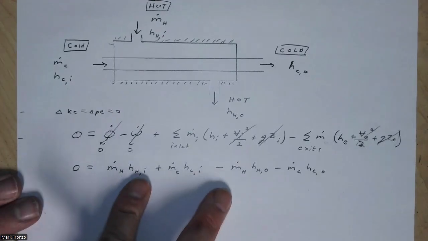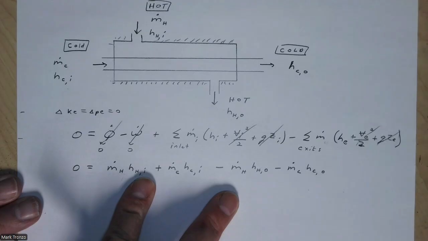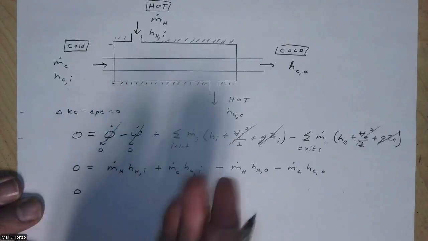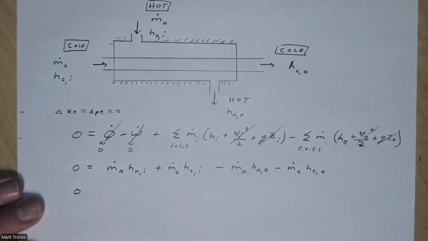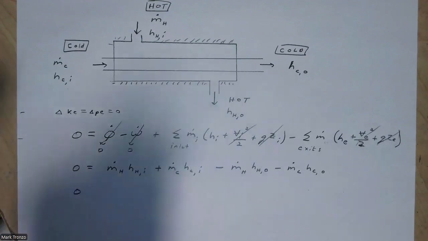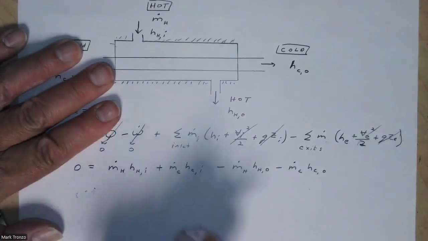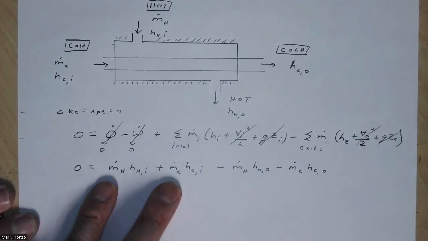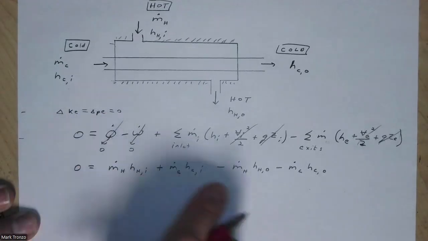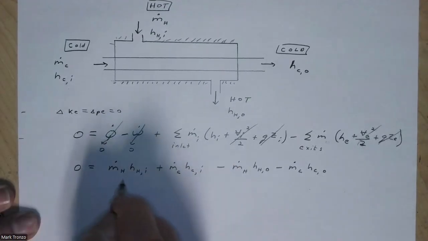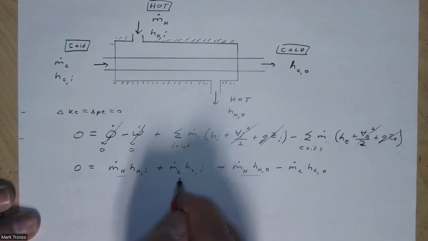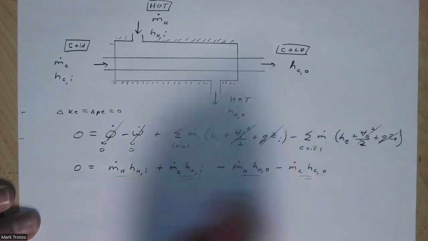Now, actually, what I'm going to do is bring them over to the other side, so that we end up with these two terms being positive and these two terms being negative. Then we'll put this term and this term together, and then this term and this term together.